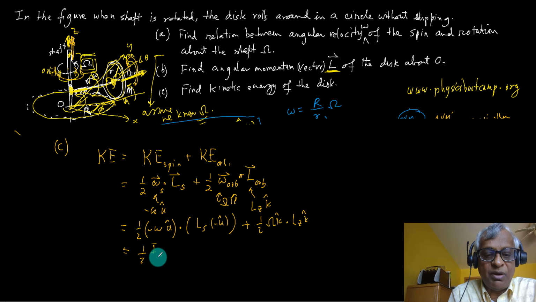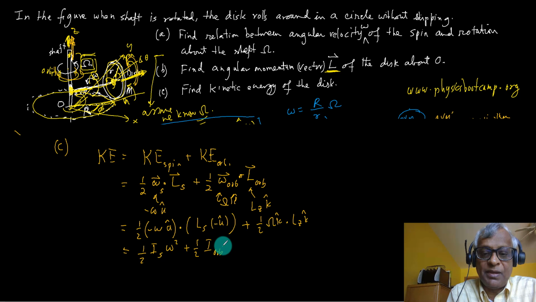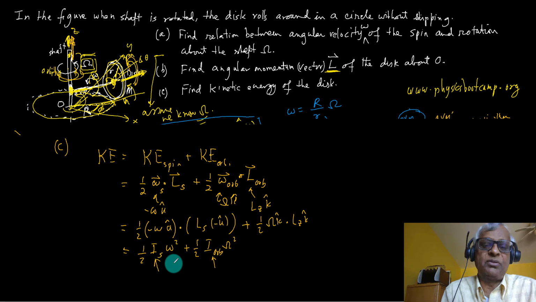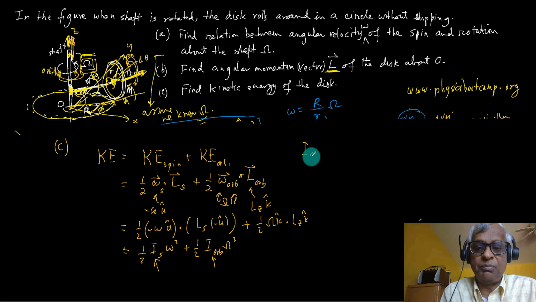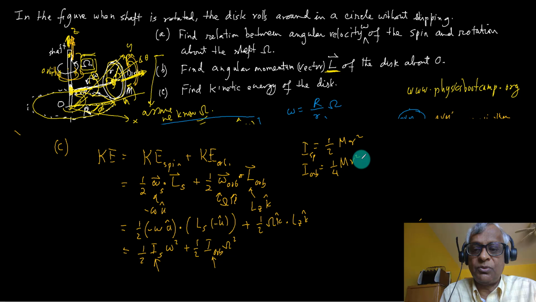So I about the spin axis, omega squared, plus half L_z, let's call it I about the orbital axis, omega squared. And we already got this when we were working out the angular momentum. So I of the spin part was half m little r squared, and I of the orbital part came from the parallel axis theorem: a quarter mr squared plus mR squared.